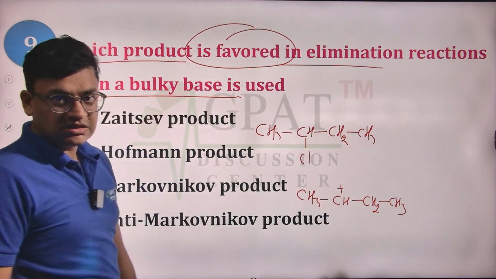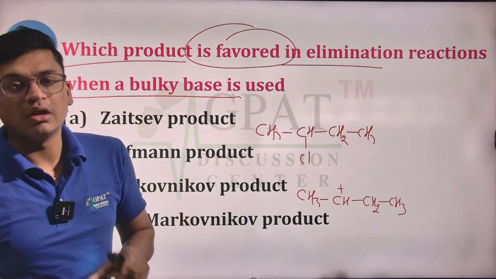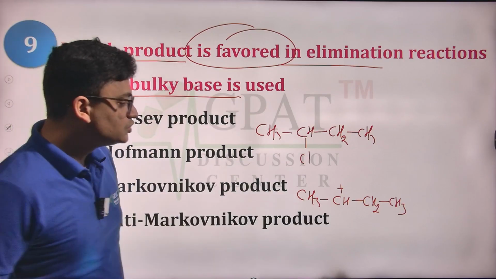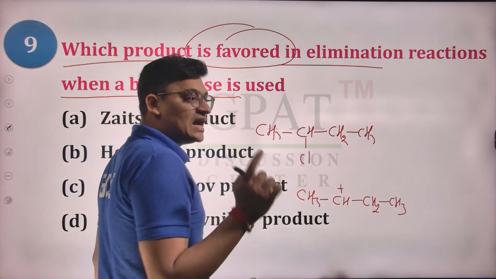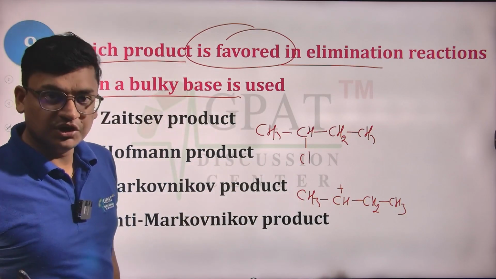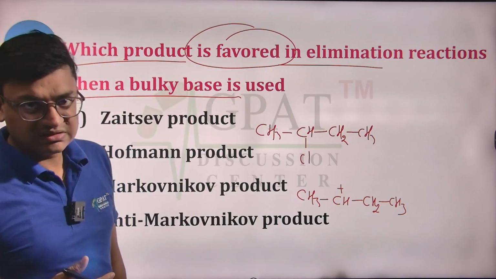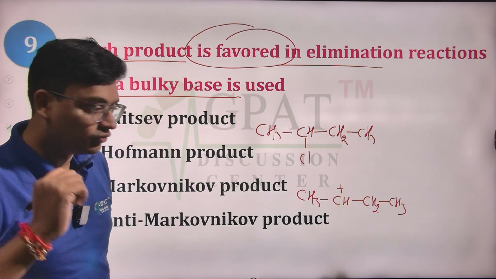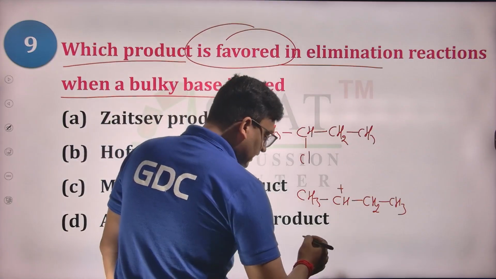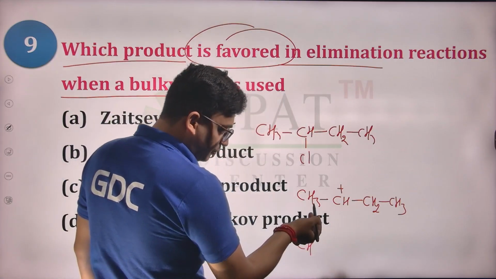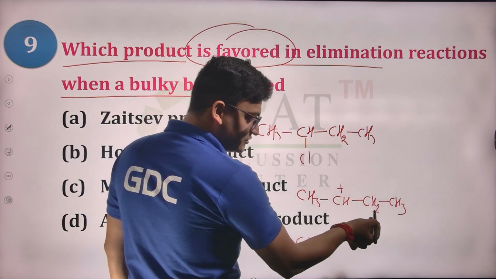So if the base is small, not that big, that leads to the formation of a Saytzeff product. The Saytzeff elimination rule is applied here, and we are going to get the product that follows the Saytzeff rule, also known as Zaitsev rule. Zaitsev rule says that we now have proton removal possible from here as well as here.